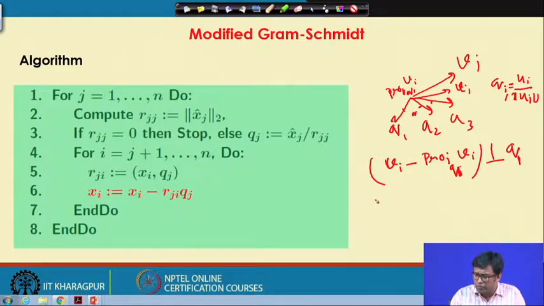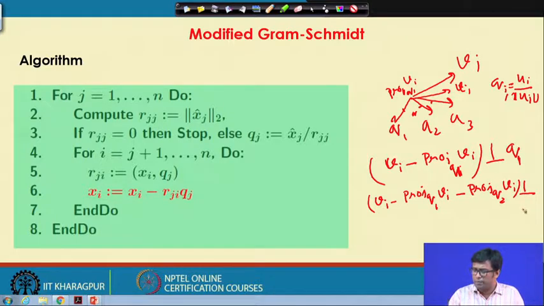Then from this vector, which is already perpendicular to q 1, we subtract the projection of u I on q 2.